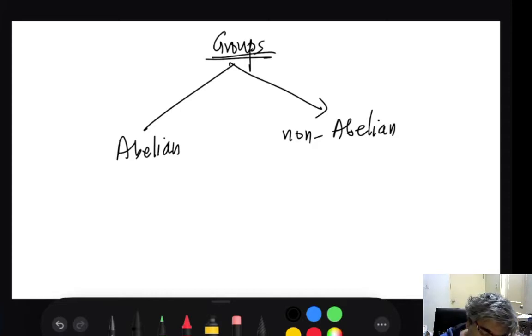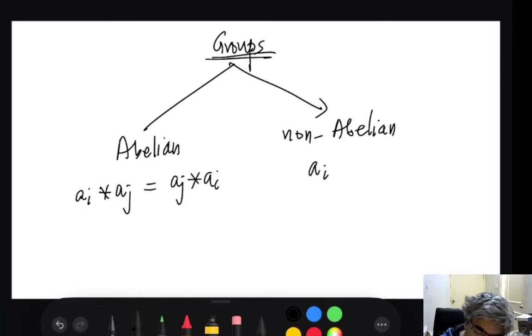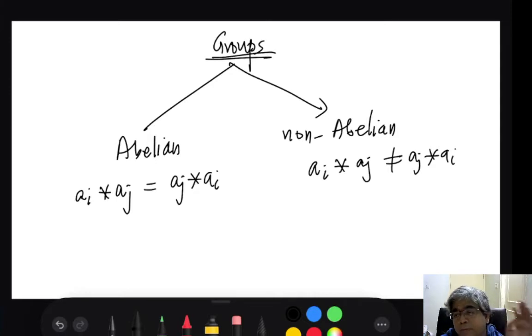Abelian means for group elements, Ai star Aj is equal to Aj star Ai. Now non-abelian means Ai star Aj is not equal to Aj star Ai. So this is typical: most matrices, if you multiply from the left, but if you multiply from the right, give you completely different answers. So they don't commute.